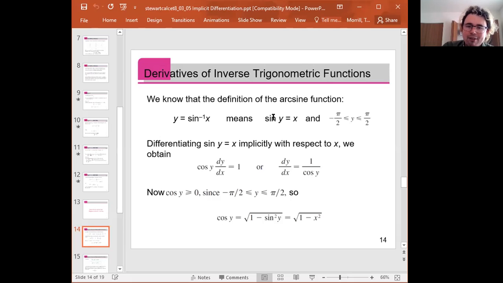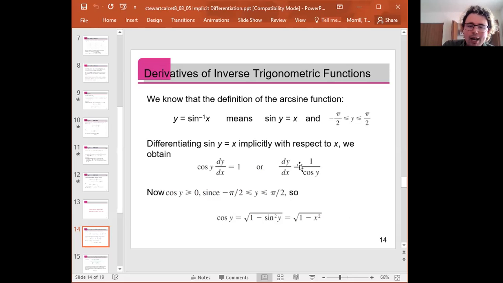Now, the arcsine function only takes values between -π/2 and π/2. So that's going to be a handy thing to remember here. And we're just going to do an implicit derivative on both sides of this equation. On the left-hand side, that tells me that cosine of y times dy on dx is equal to d dx applied to x. Oh, that's just 1.